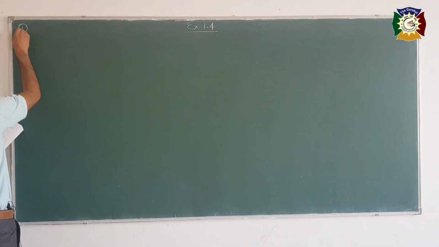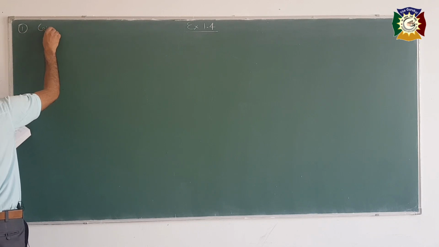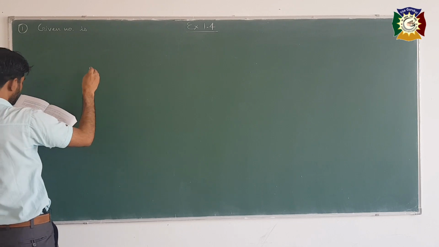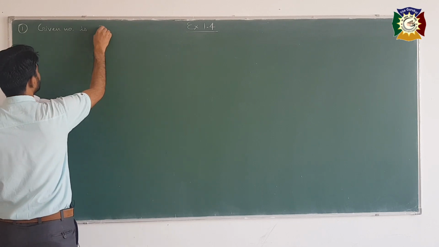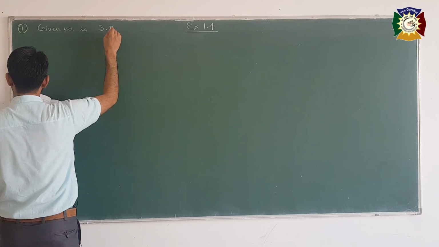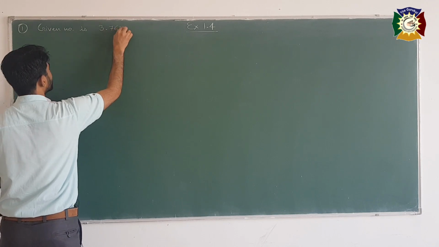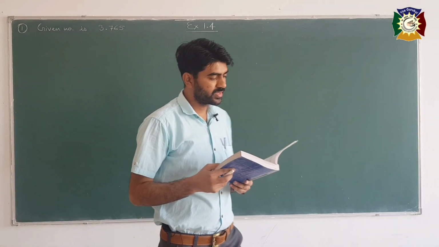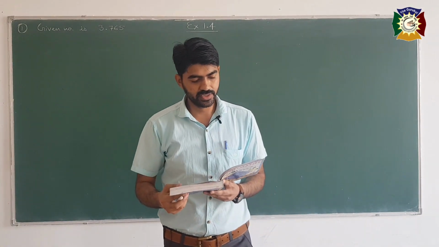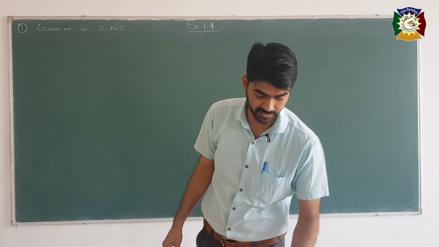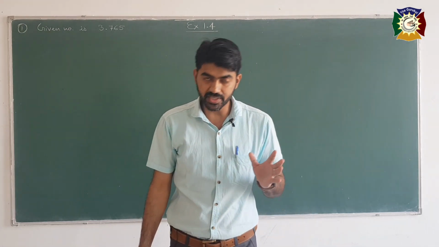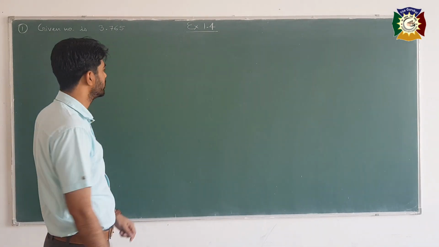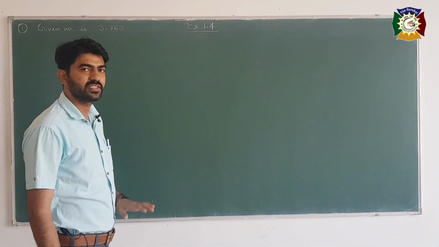Question number 1, the given number is 3.765, and we have to visualize this number using successive magnifications. I will tell you a very easy method to represent these numbers using successive magnification. So, what is that easy method? Let us start.